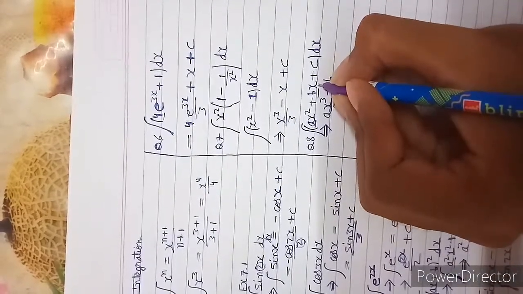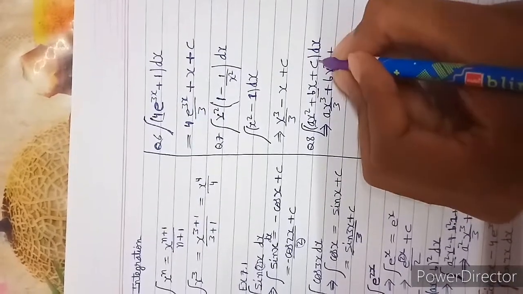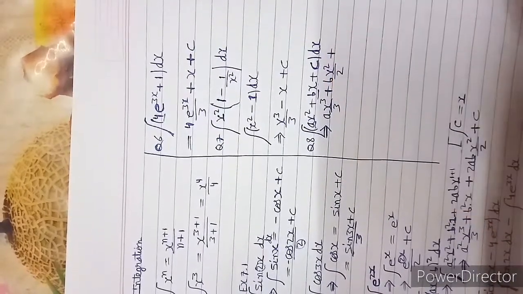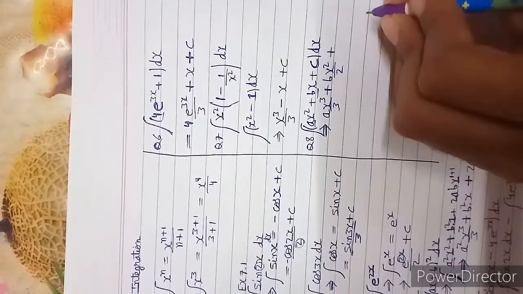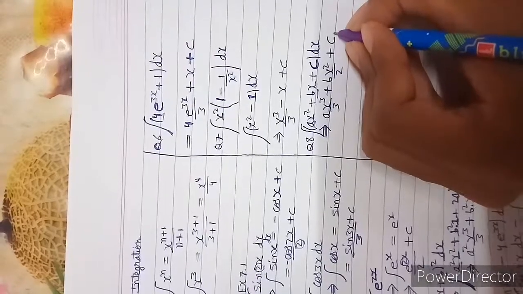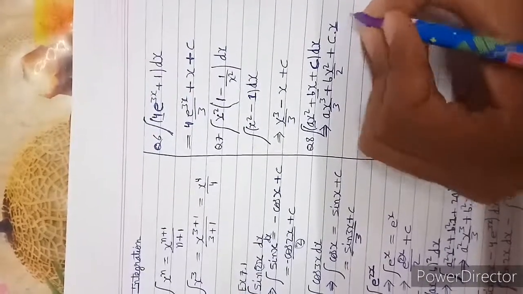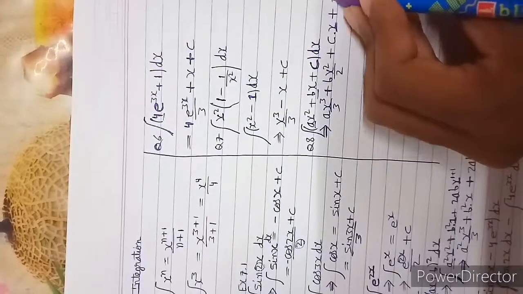Integration of x is x square by 2, plus c. C is what? Constant. So the integration of this c will be c dot x, if this much only, and plus d.